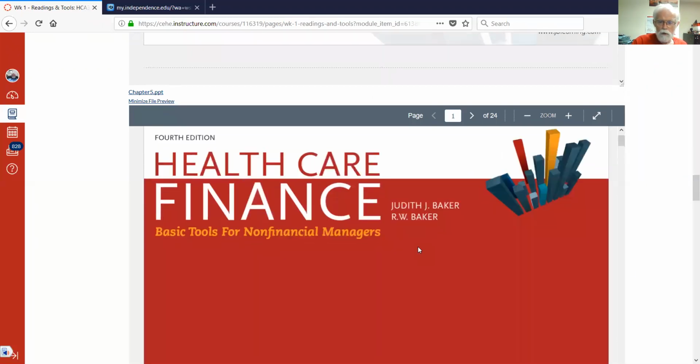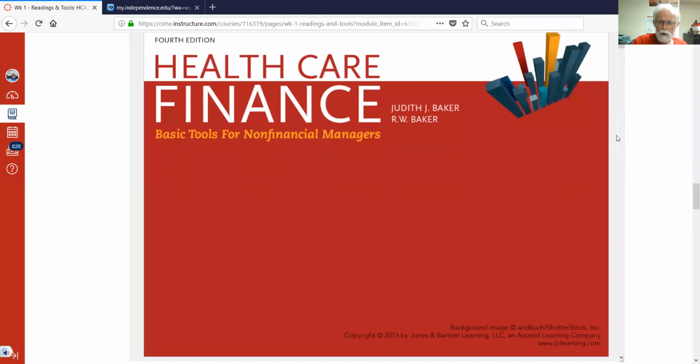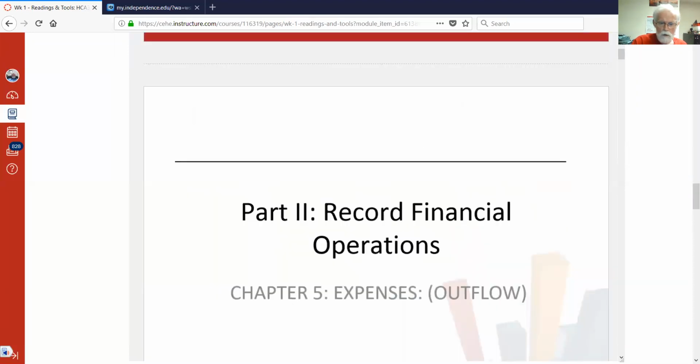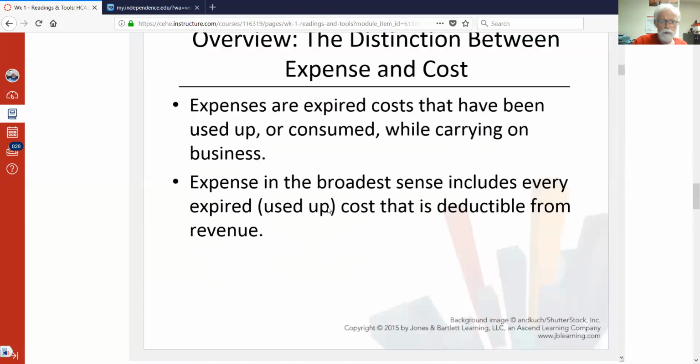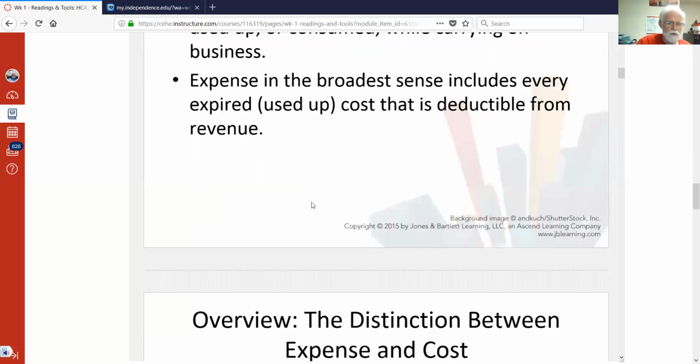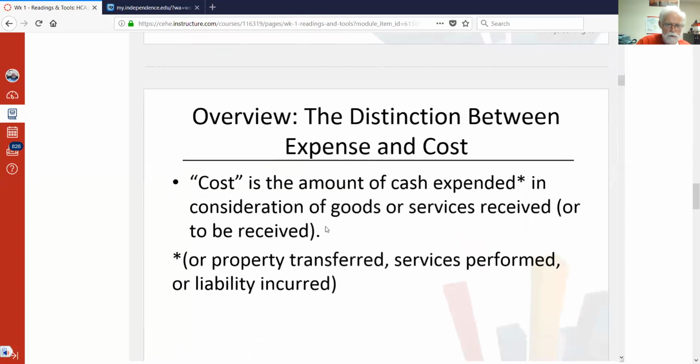So let's go here, expenses. Expense is every used up cost that is deductible from, in other words, what you have actually paid. That's what they mean by used up.